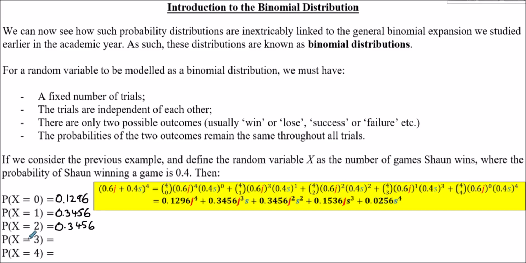The probability of him winning 3 games is the coefficient of s cubed, which is 0.1536. And finally, the chance of him winning all 4 games is the coefficient of s to the 4, which is 0.0256. And indeed, if you added all these numbers up, you would get a grand total of precisely 1.